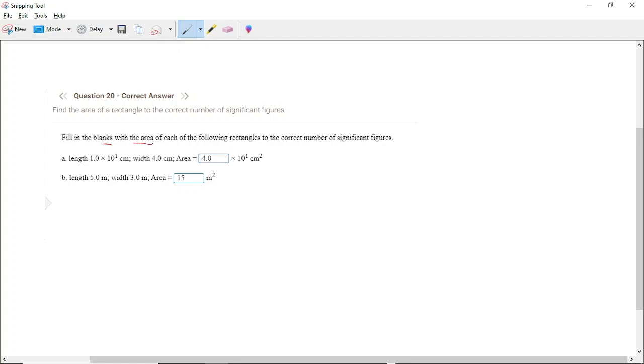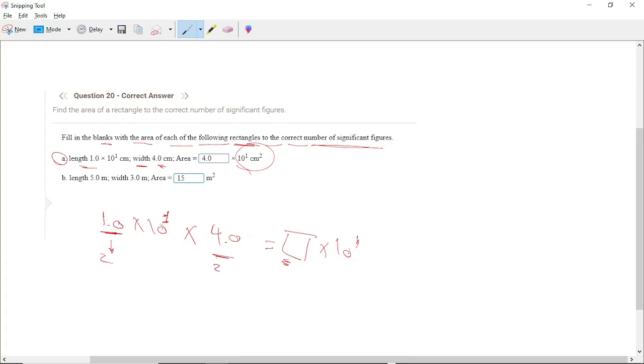Fill in the blanks with the area of each of the following rectangles to the correct number of significant figures. Number A, length 1.0 multiplied by 10 to the power of 1, and width is 4.0, because length multiplied by width gives me the area of the rectangle. Now the answer here is 10 to the power of 1 something. Here we have two significant figures, and here two significant figures.